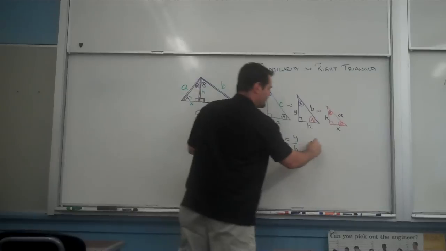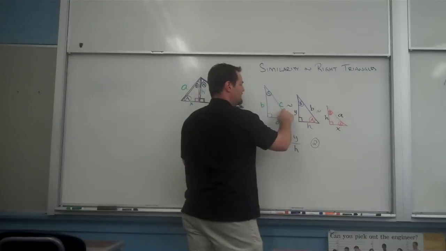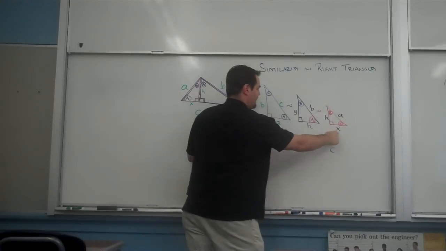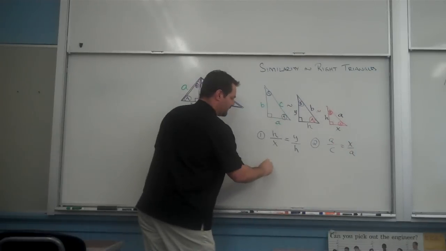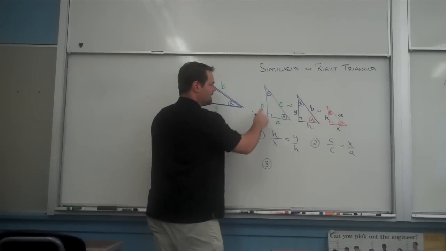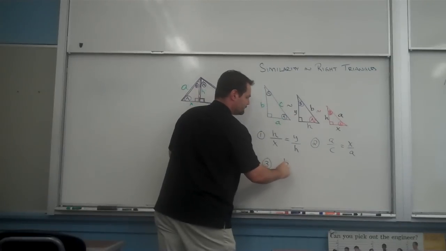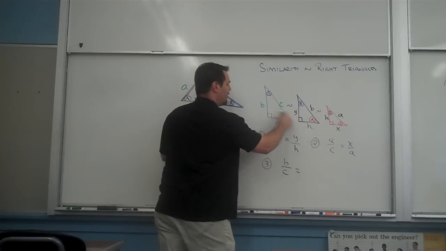Our second proportion is A is to C as x is to A. And our third proportion is B is to C as y is to B.